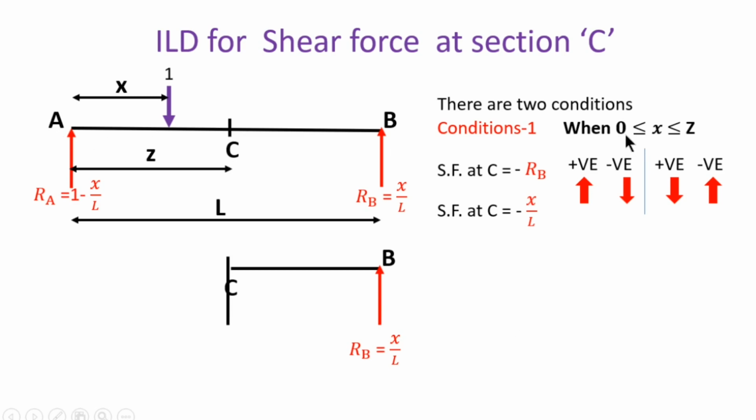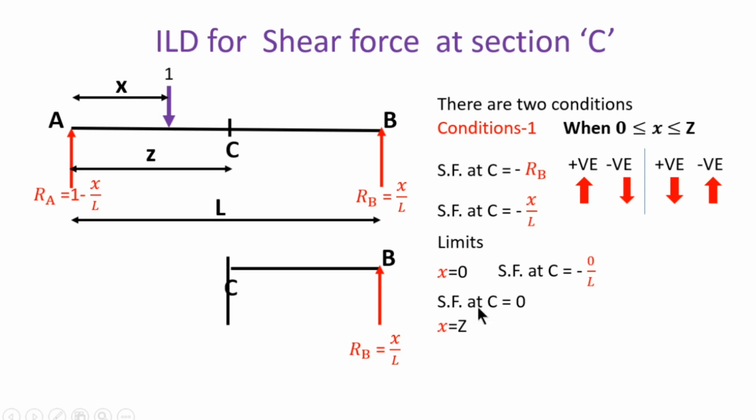So we got here the equation of shear force at C when the load is between 0 to z. So now put the limits 0 and z. When x equal to 0, shear force at C is equal to minus 0 by L, so shear force at C is equal to 0.